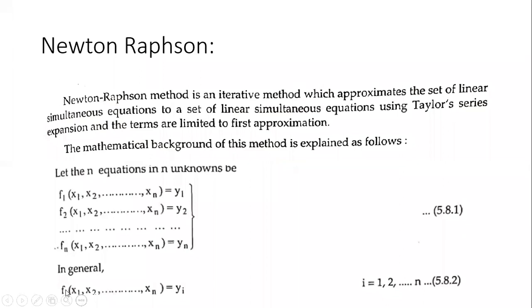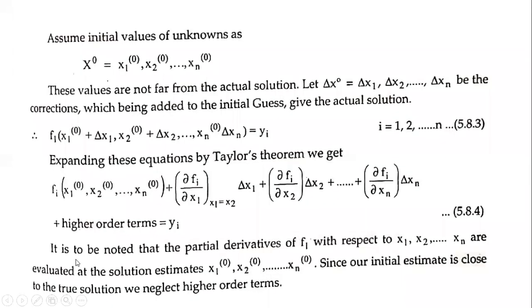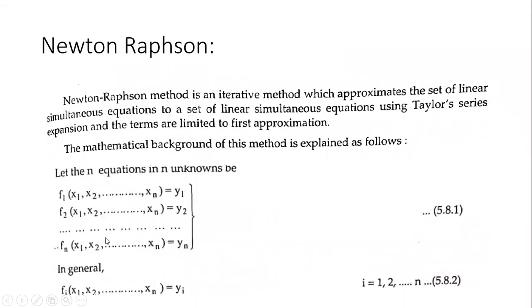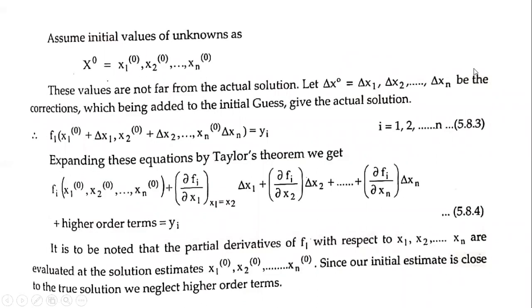In this expression we are adding: f1 of x1 of 0 plus delta x1, x2 of 0 plus delta x2 and so on up to xn of 0 plus delta xn is equal to yi, where i is equal to 1, 2 and so on up to n.